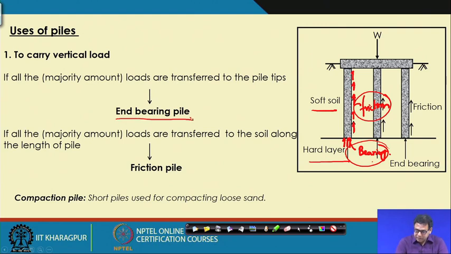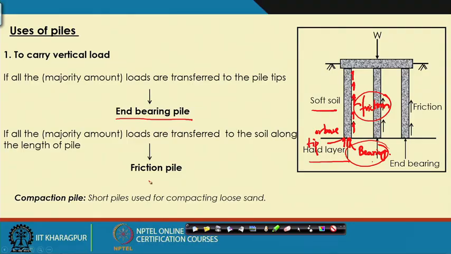This is the pile tip or the base. Now, if all or the majority of the loads are transferred to the soil along the length of the pile, that means the majority of the resistance is getting through this friction, then it is called a friction pile.